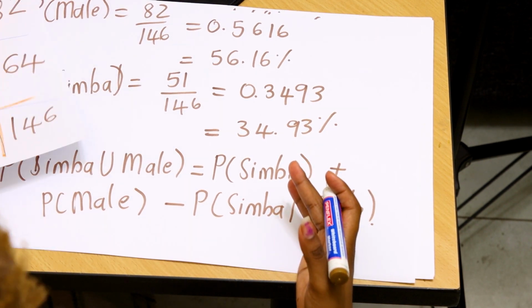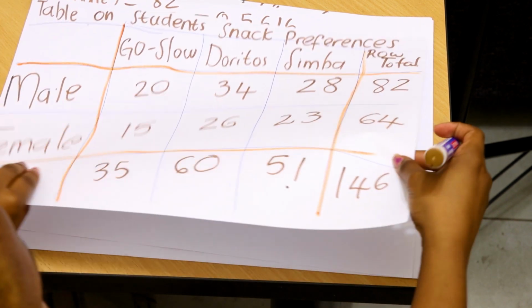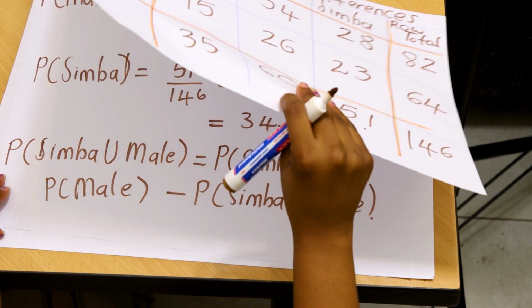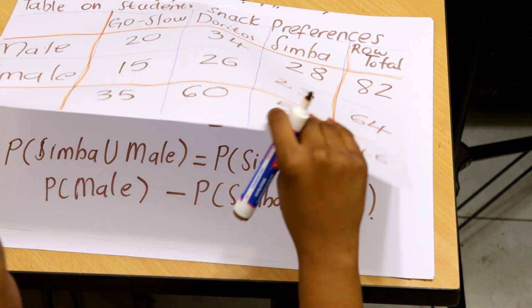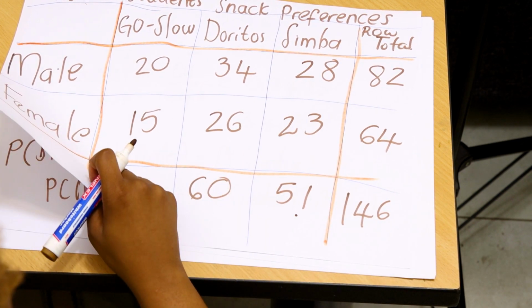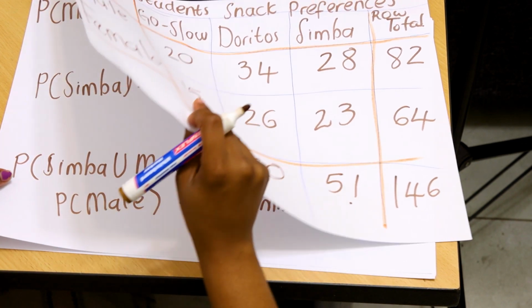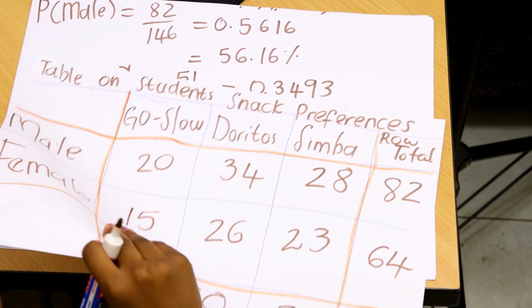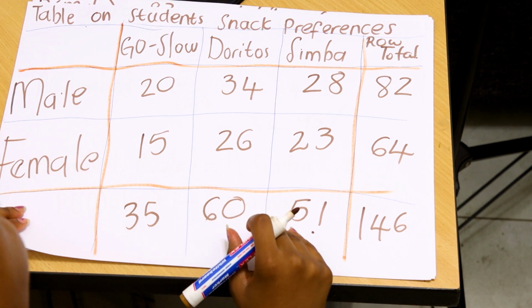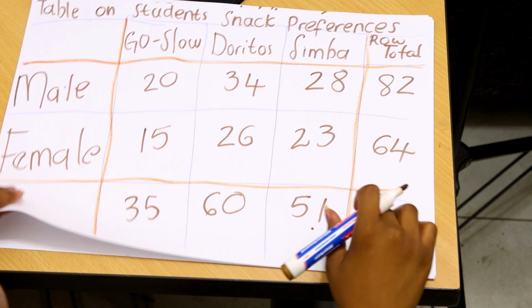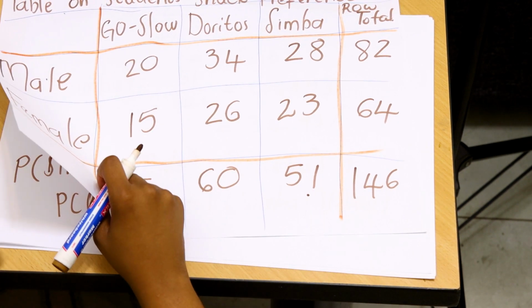The probability of preferring Simba we already found above: 51 over 146. The probability of male is 82 over 146. And the intersection of male and Simba is 28 over 146. That is the part we're going to subtract.